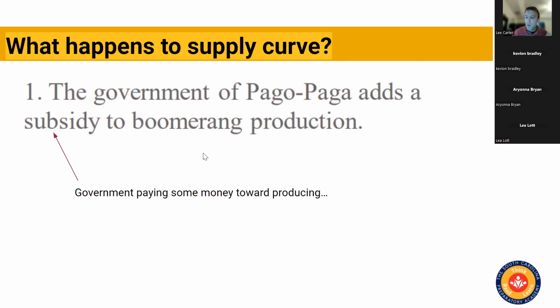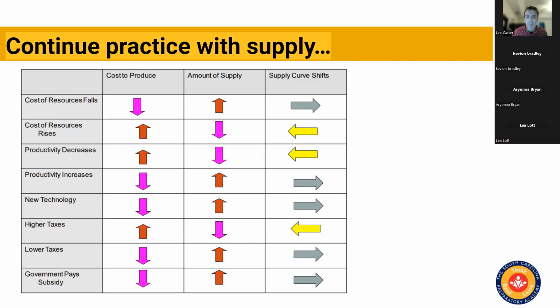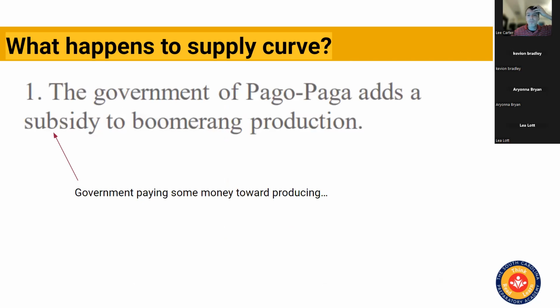And what we're going to start with here is some of the applications, and knowing the kinds of things you have to be able to do with this. Okay. So again, supply here means how much is being produced. For example, if the government of a certain country, we call Pago Pago in this example, adds a subsidy.